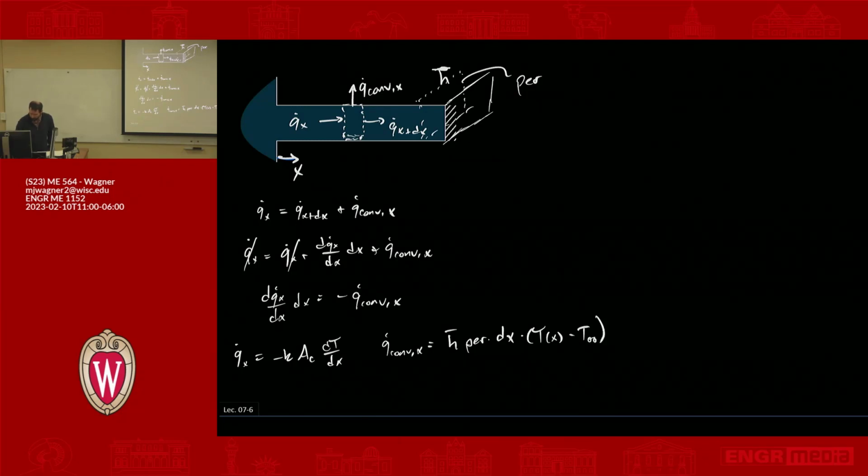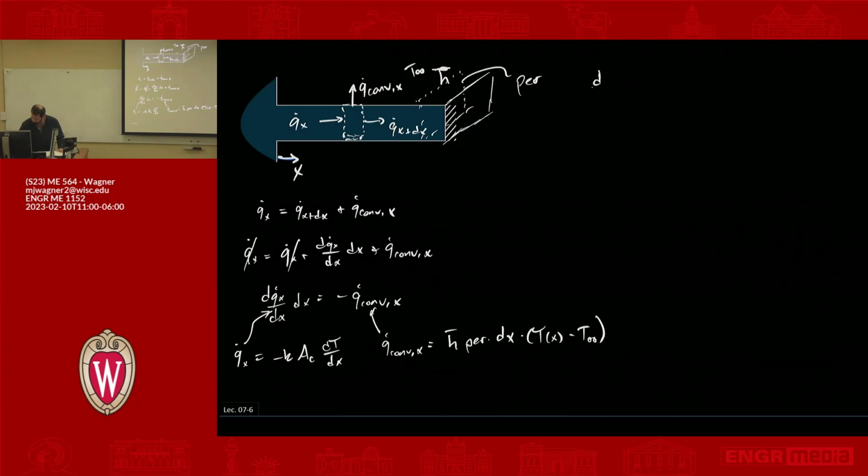So let's say out here we have h bar and T infinity. Right, so now we have our rate equation for conduction. We have a rate equation for convection. Those just plug in directly. So this is going to go here. This is going to go here. And now we have our differential equation in terms of temperature. So let's write that out up here on top.